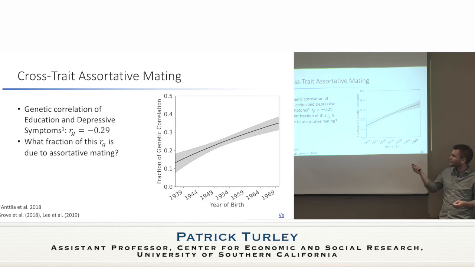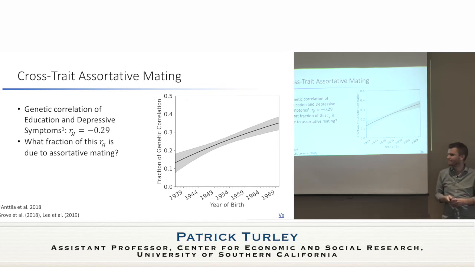If we do that, and again we're looking over time, we see that some fraction of the rG that we're estimating here is actually just being driven by assortative mating in the population, and that perhaps we're overestimating it by maybe a quarter if we average over this whole data set. So when we're interpreting our genetic correlation estimates, we need to keep in mind that they may partially be driven by just assortative mating.